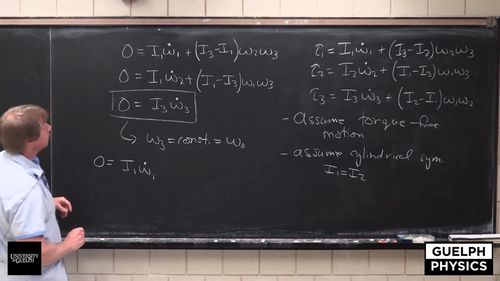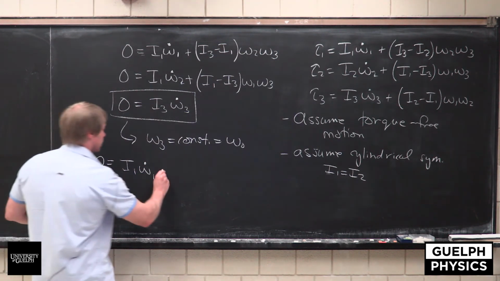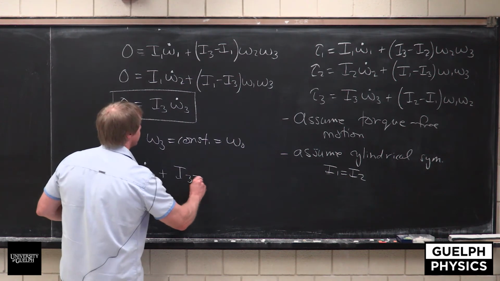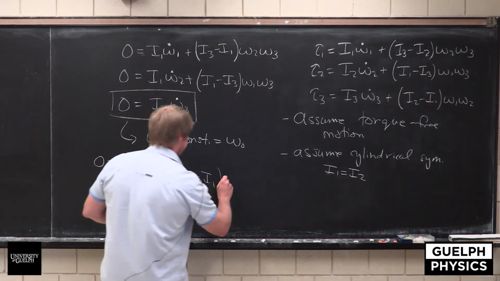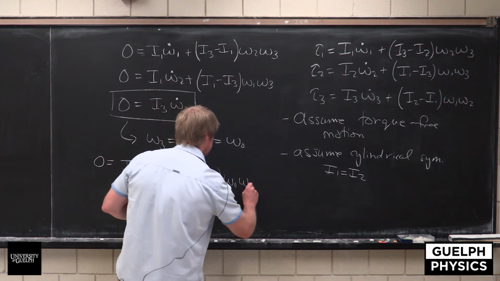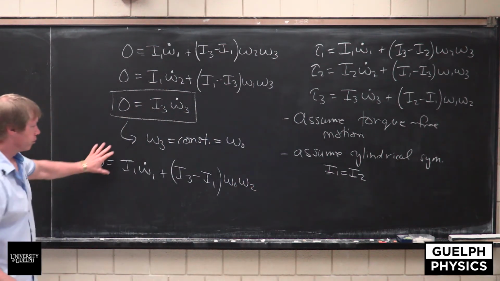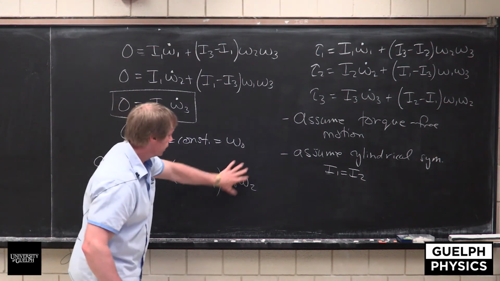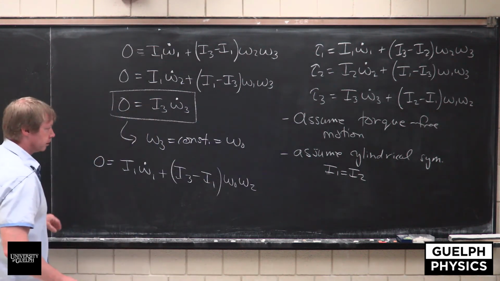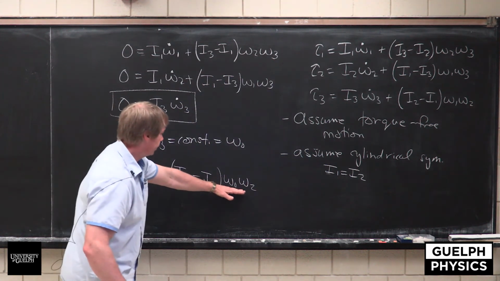So I1 omega 1 dot plus I3 minus I1, and we have omega naught, omega 2. So already we can see that things are simplifying. We've gotten rid of this nonlinear term here.